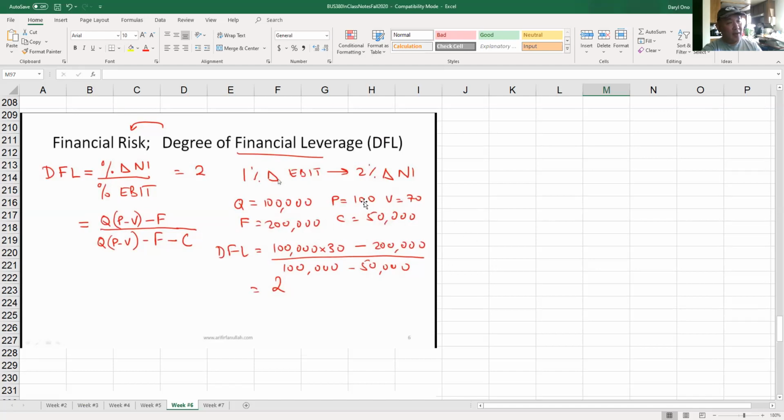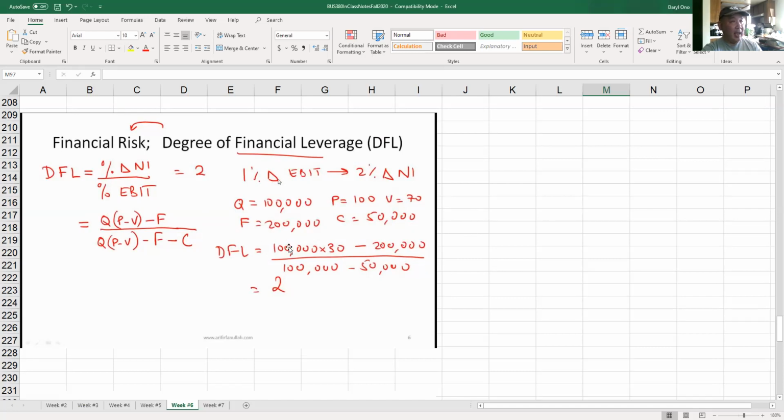Okay, so we have here 100 minus 70, that's where this 30 comes from. And now we have 100,000 times 30 minus fixed cost of 200,000.